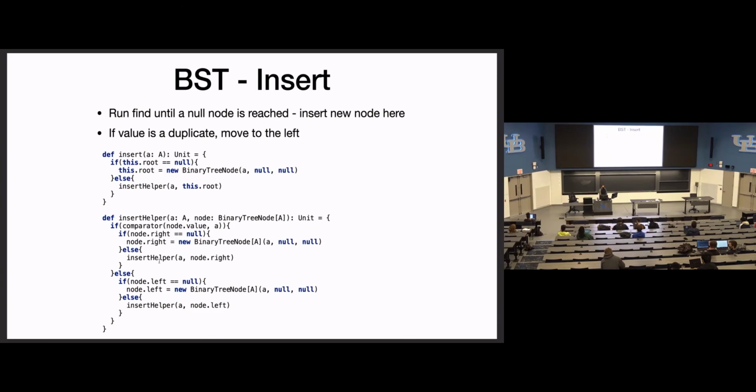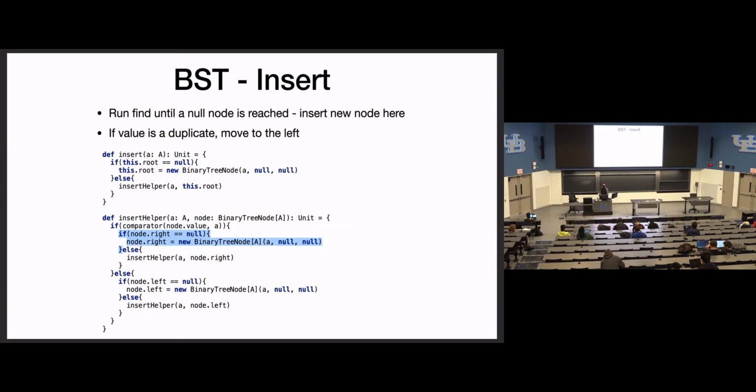So I'm going to pull out my comparator and say, is the value at this node less than the value I'm inserting? If it is, then I'm going to consider the node to the right. If the right child is currently null, I've found a valid open space where I can insert this value.